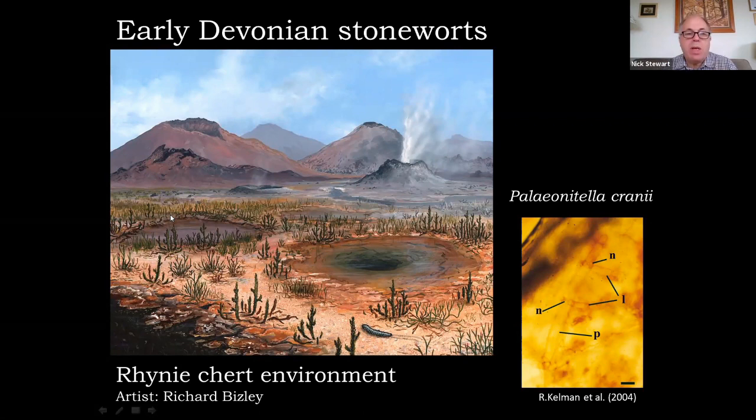And this is probably the sort of environment they were growing in, particularly in this Rhine area, which is where these came from, with little pools, not too dissimilar from some of the sites we can find them in today.